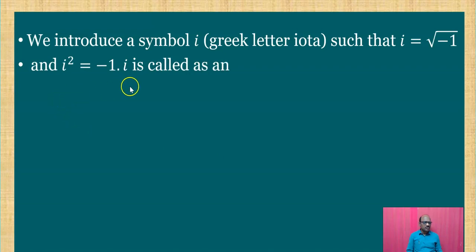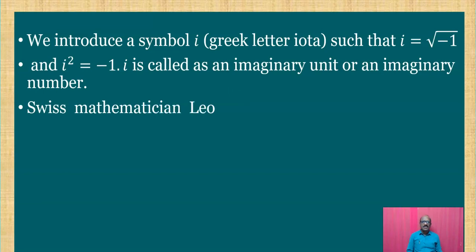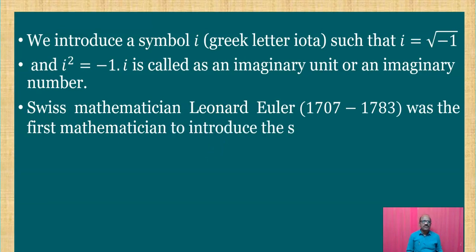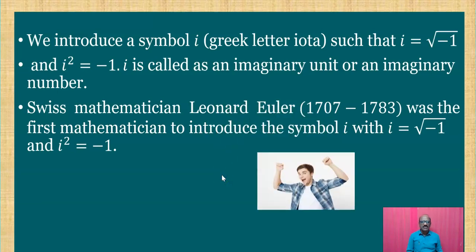And i square is equal to minus 1. i is called an imaginary unit or an imaginary number. Swiss mathematician Leonhard Euler was the first mathematician to introduce the symbol i with i equal to root of minus 1 and i square equal to minus 1.